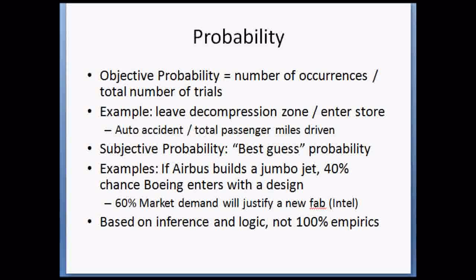And the simplest form of probability is an objective probability. So this is where we have a big list of things that happened or possibilities, and we have a number of occurrences of a particular event, and the probability of that event is then the number of occurrences divided by the total number of opportunities that event had to occur.